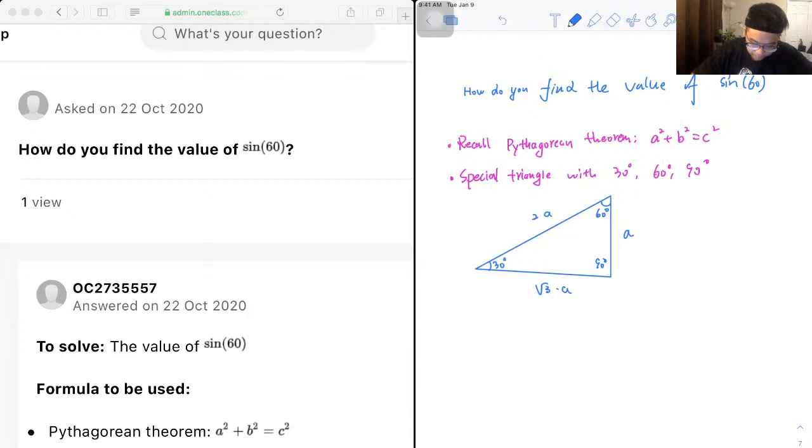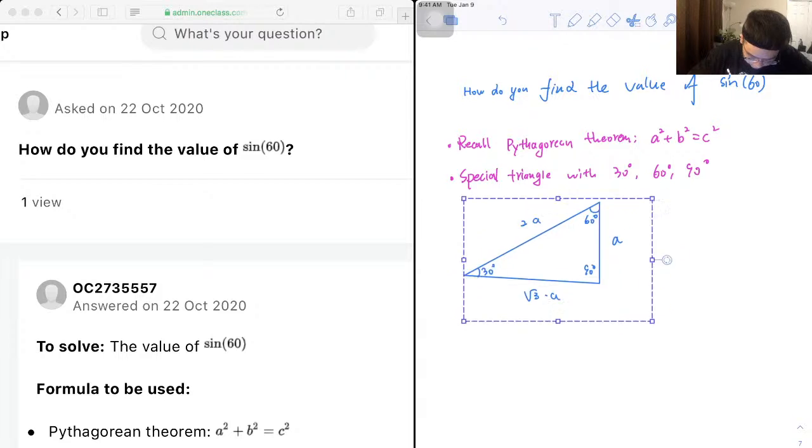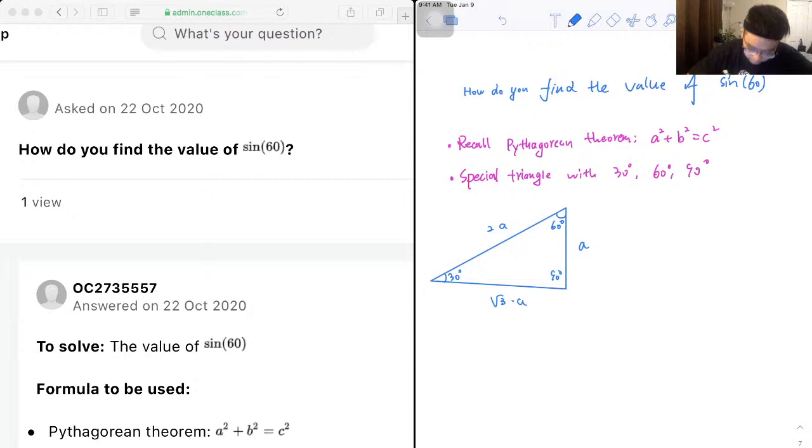And I'll just write the characteristics on the side. So the short leg is opposite the 30 degrees angle, measures a, which is right here.